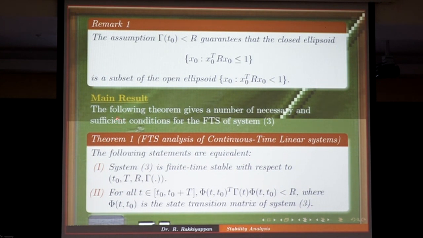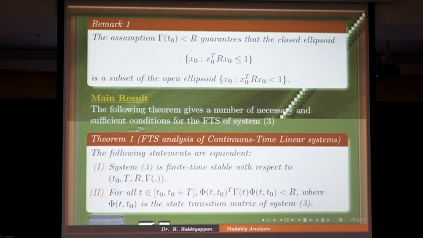So the main concept: the following theorem gives the necessary and sufficient condition for the finite time stability of the given system. The following statements are equivalent. System 3 is finite time stable with respect to t naught, T, and gamma. This is nothing but the definition due to Francesco Amato.